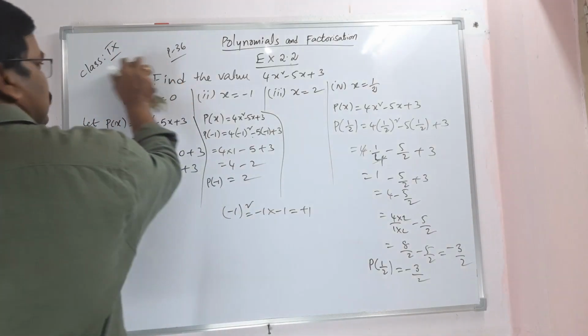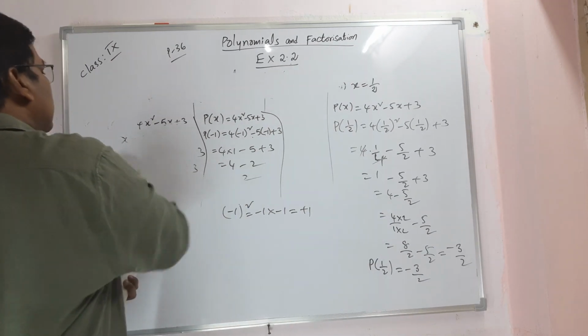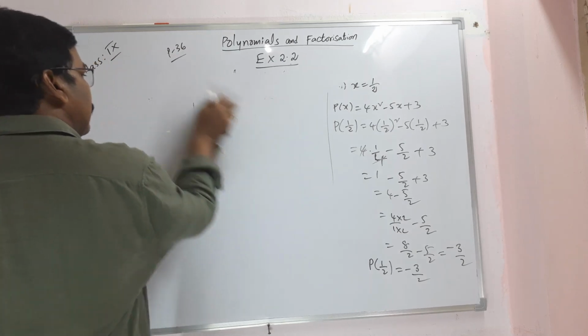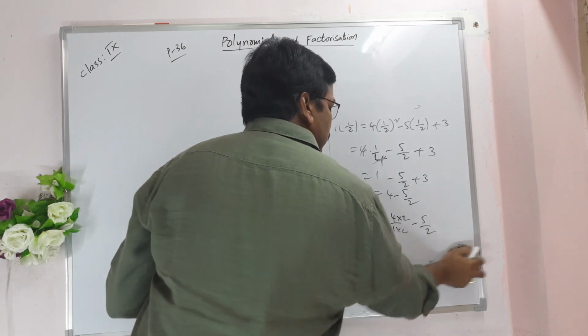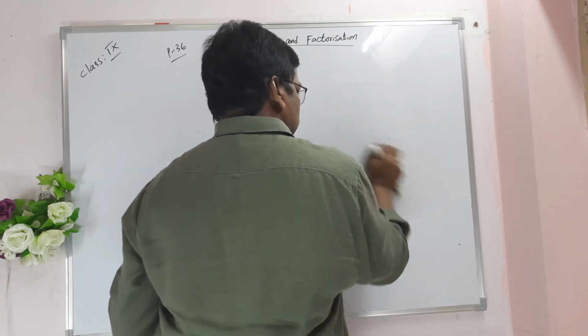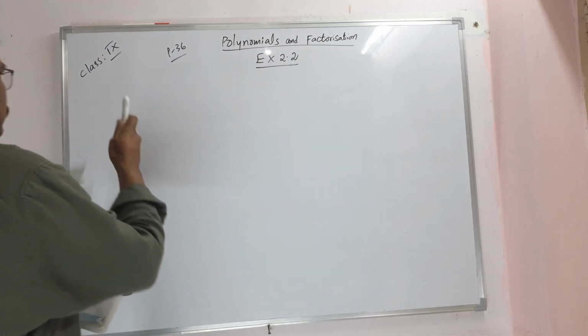Right, coming to the second one, find P of 0, P of 1, P of 2. Second question in exercise 2.2.